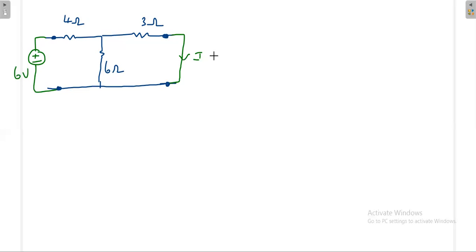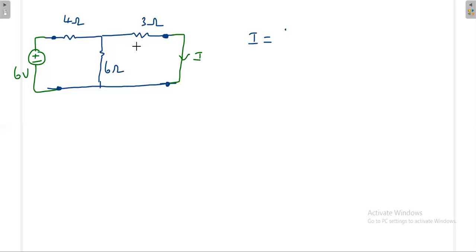Now you can apply any law. What is the response? First you find the total current, I total, then later you can find I. What is the total current? 6 in parallel with 3 is 2, and 2 plus 4 is 6. That means the total current is 1 ampere.